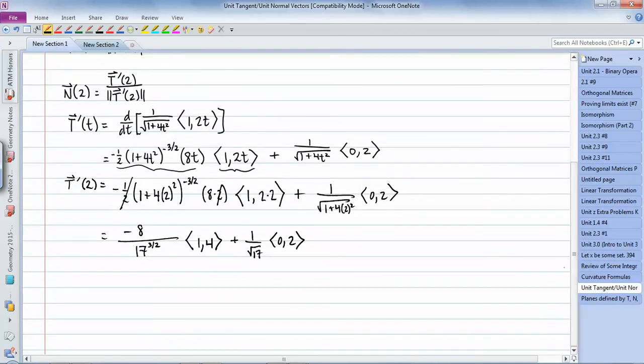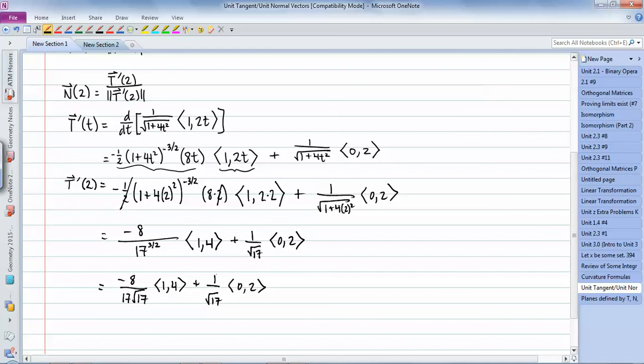Let's see what happens with that now. So then this is going to turn into negative 8 over, now 17 to the 3/2 is really 17 root 17, times <1, 4>, plus 1 over root 17 times <0, 2>. Let's see, what else can we do with that?